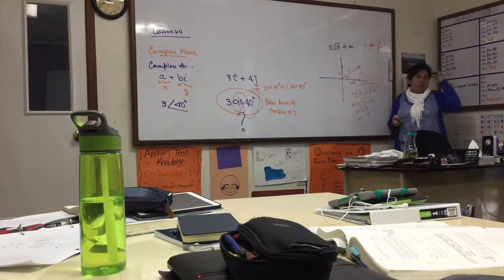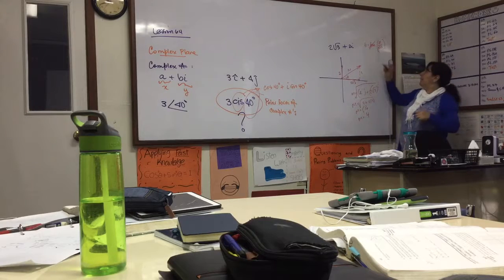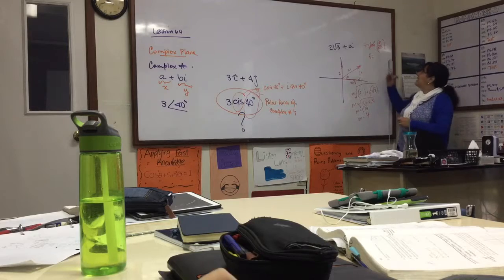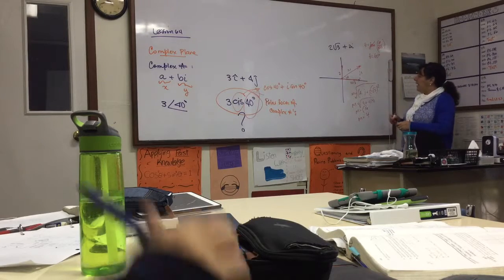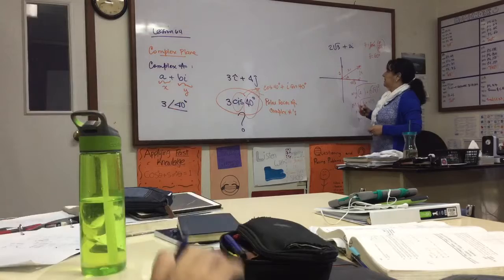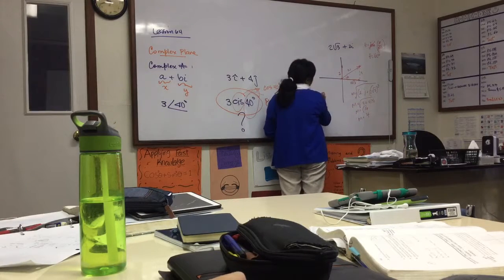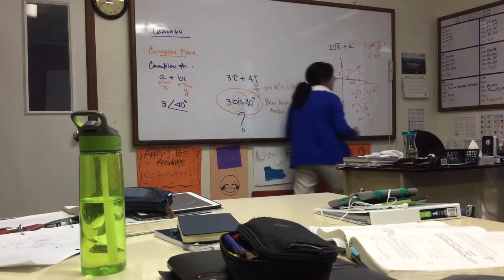So 1 over square root of 3, that would be how much? It's 30. No, it's 60 degrees. Okay, so how would you write this? You would write it like this: 4 cis 60.